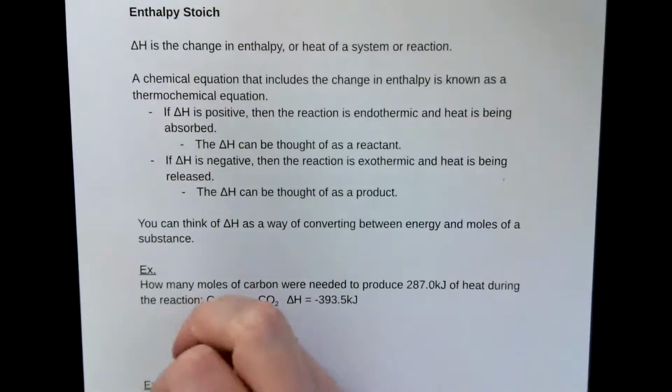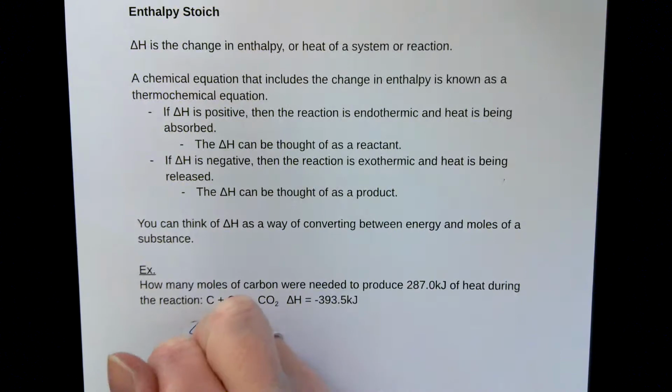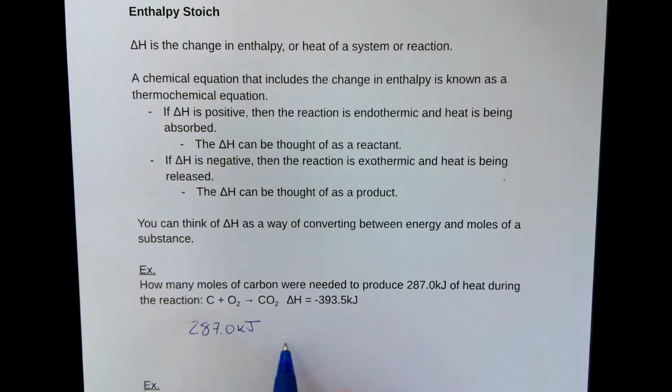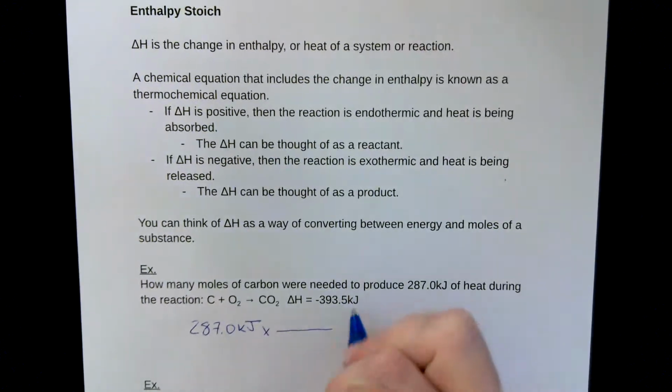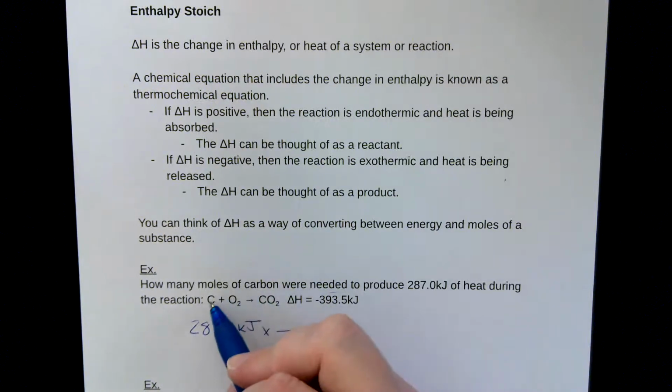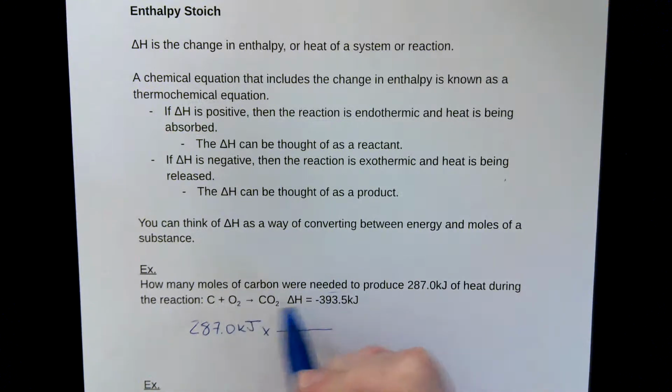So to set this up, we're going to take our given 287.0 kilojoules, and we're going to set up a factor so that I can get rid of kilojoules and move into moles. Now, because I know that my delta H is this value, this is how I can get rid of kilojoules, because I know that for this many kilojoules, I need exactly 1 mole of carbon, and that is written as the relationship in this chemical equation.